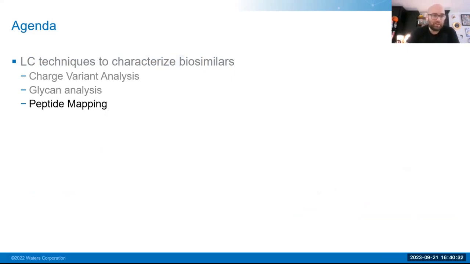Then we're going to finish today's presentation and focus on peptide mapping. The idea of focusing on peptide mapping at the end is that charge variant analysis and glycan analysis provide very discrete types of data. We're looking at either just a difference in charge or the actual glycans themselves.